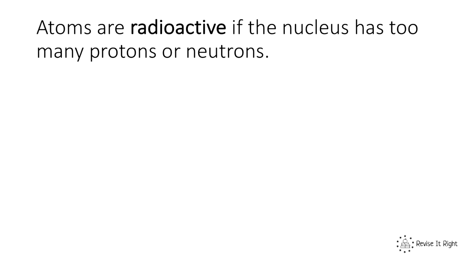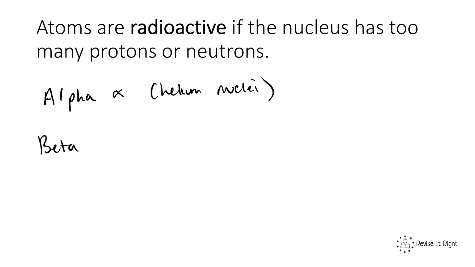We have 3 types of radiation. We've got alpha, which has a symbol like this, and it is a helium nuclei. We have beta, and it has a symbol like this, and it is an electron.